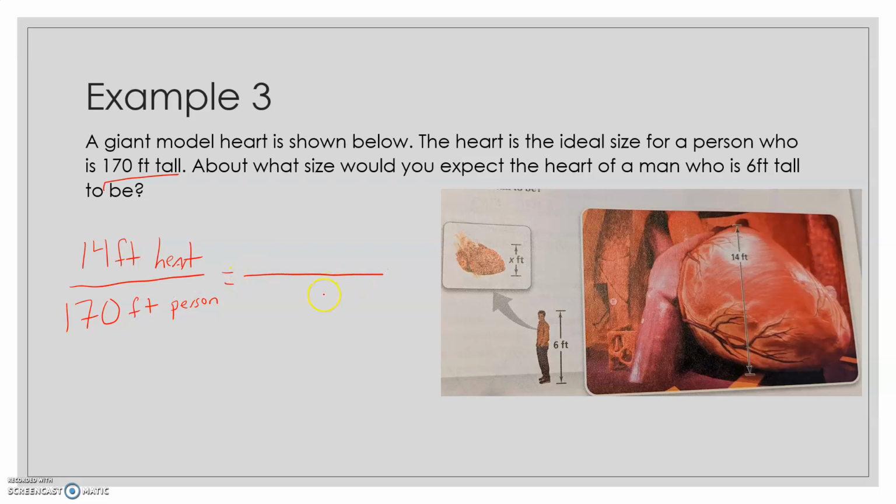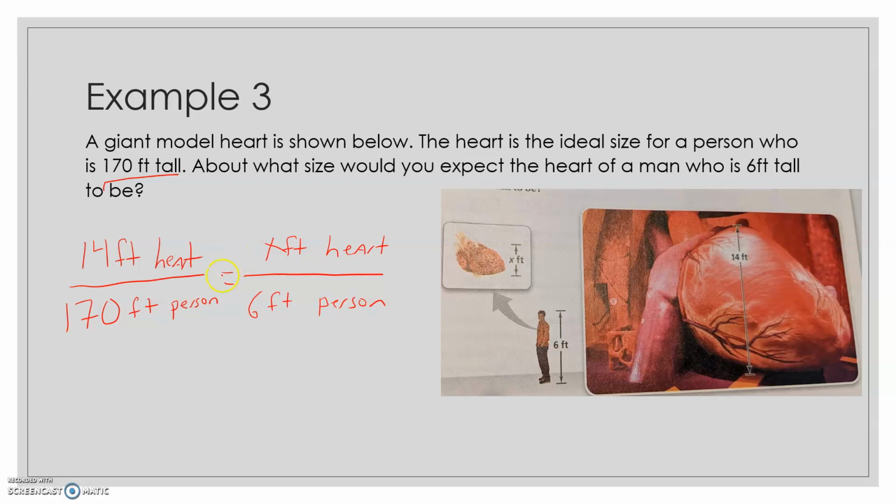So then in our second ratio, our second measurement, if we had a 6 foot tall person, we want to know how tall. It tells us is X. How tall would we expect the heart to be? Our labels stay the same on top and bottom.